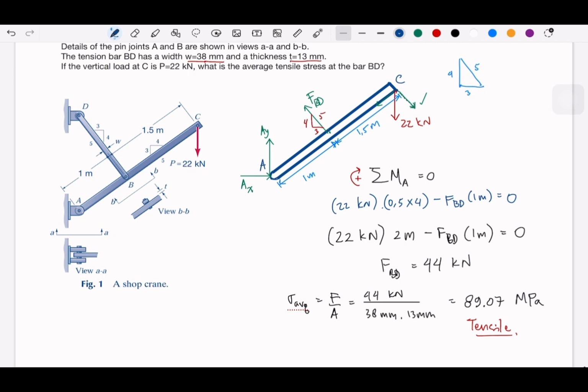Okay, any questions? Any questions? What else do we have here? Right hand rule. Okay.